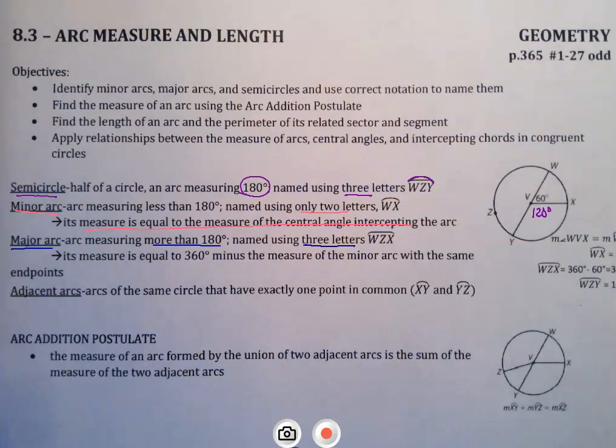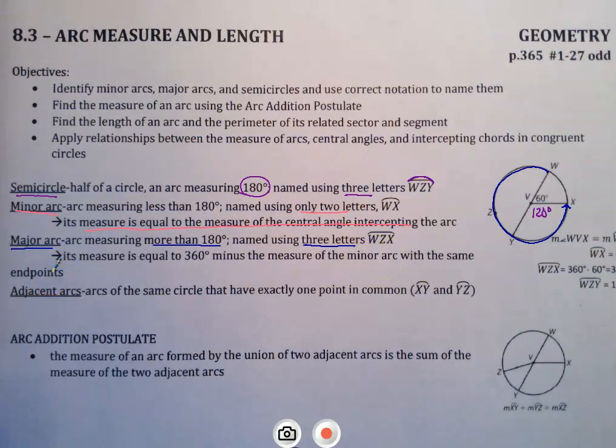The direction is important because it's saying I'm going from W to Z to X. The Z is in the middle. Its measure is equal to 360 degrees minus the measure of the minor arc with the same endpoints.